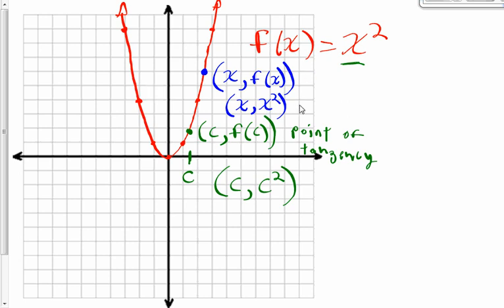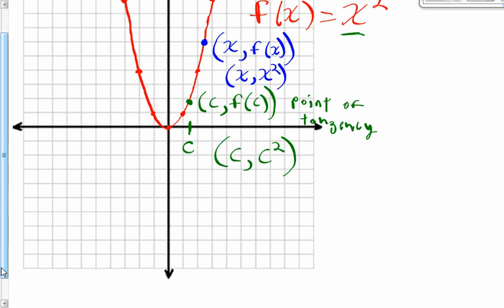All right, so now let's try to find the slope of the line tangent to the graph at the point C comma f of C, or C comma C squared. The slope of the tangent line is going to equal the limit as, and what I want is for this blue point to get closer and closer to this green point.